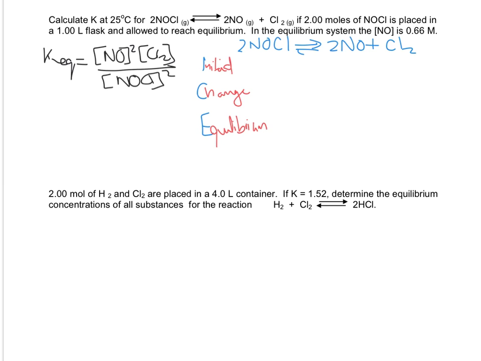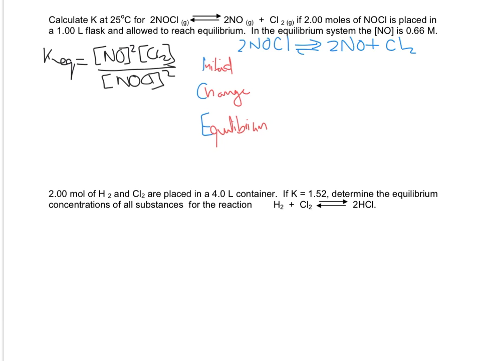So basically, an ICE chart takes you through the reaction. You can do this in concentrations like molar or in moles, but you put your initial concentration at the very beginning of the reaction, then what changes happened, did your concentration increase or decrease over time and by how much, and then the equilibrium would be at the very end, basically the net of the initial and the change. So let's start with the initial.